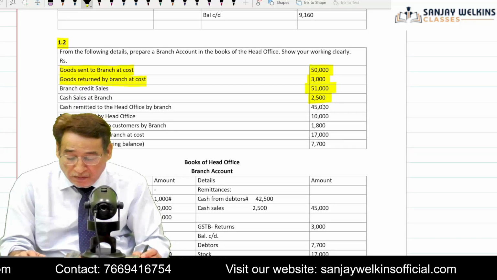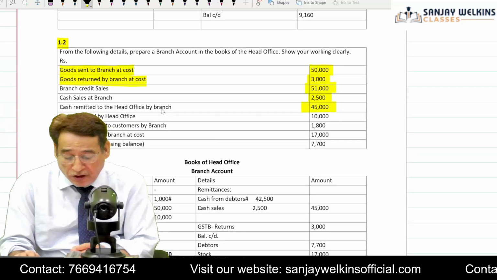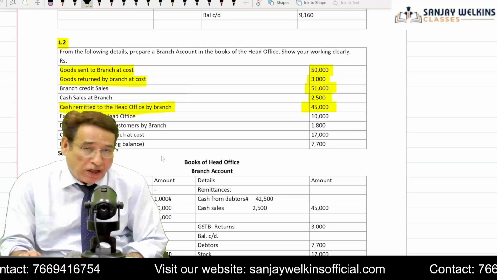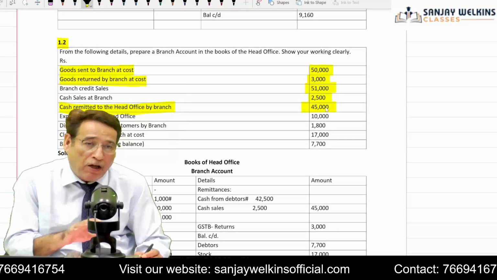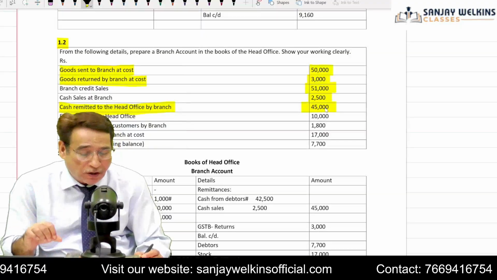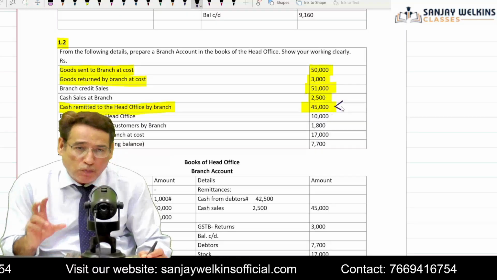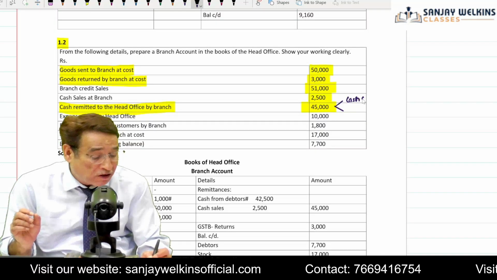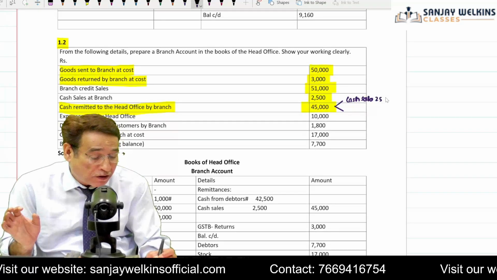Cash sales under remittances. Now in this column you have seen written cash remitted to the head office by the branch. Now total cash remitted by branch to head office has been given in the question. And we know that remittances comprise two parts. One, cash sales, and cash sales is given to you as 2,500.